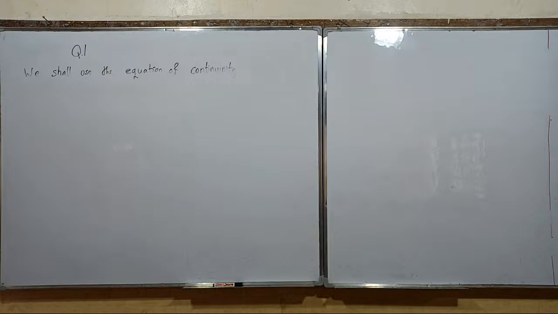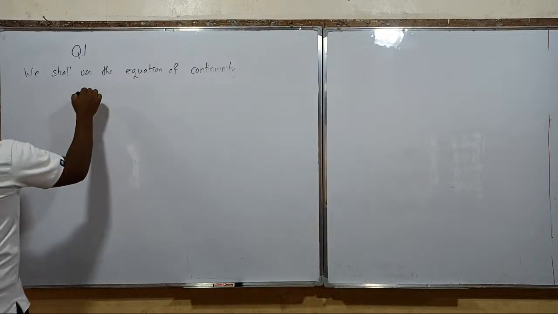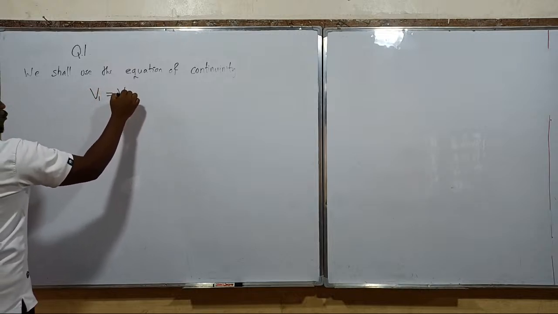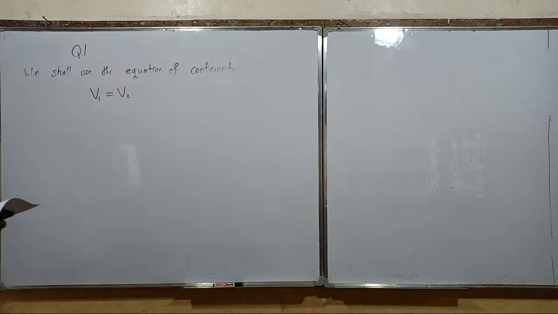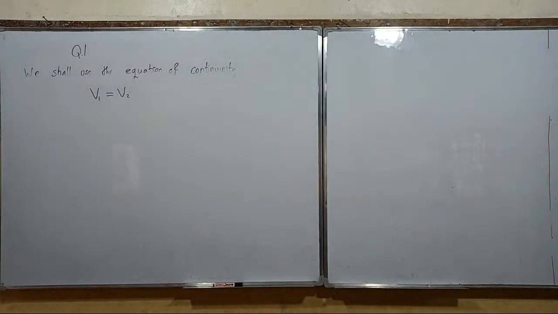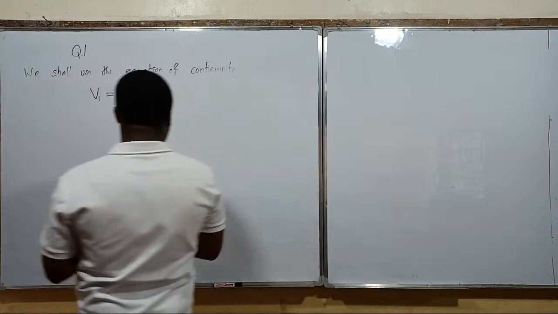So the equation states that volume 1 is equal to volume 2. The idea is, if you think of it, the amount of water which goes in a hose pipe from one end is the same amount of water which will go out at the other end, regardless of how thick or narrow it is.